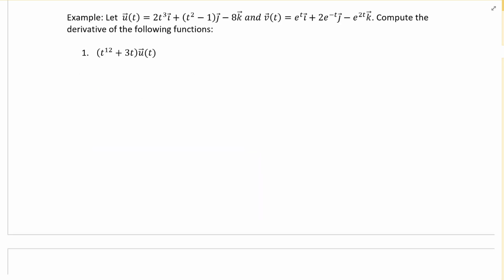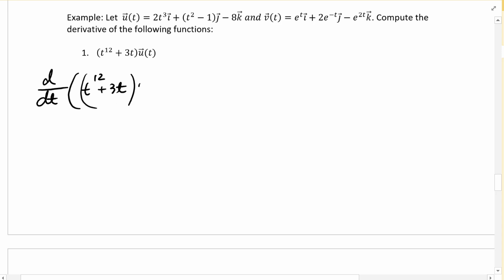So let's do a few problems. Let's say we have the vector u, we have vector v, and we want to find the derivative of this, d dt of t to the 12 plus 3t times u of t.